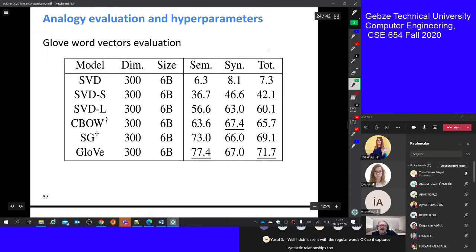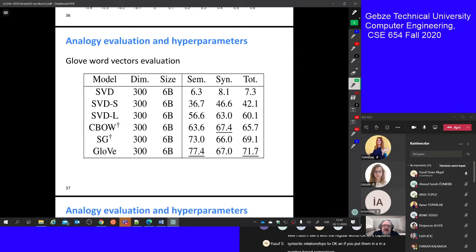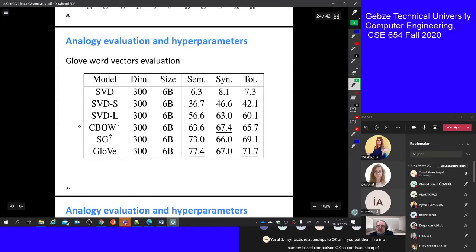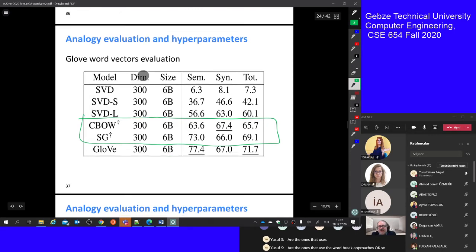Okay, and if we put them in a number-based comparison, continuous bag of words and skipgrams are the ones that use word-to-vec approaches. Dim is dimensionality.